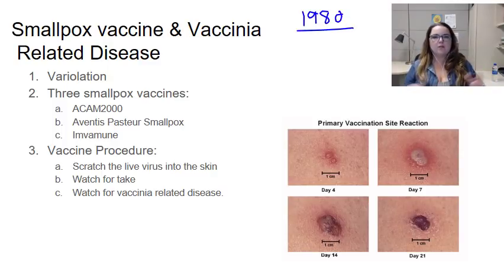So how did we control it? Well, the early approach to controlling it was the concept of variolation. Variolation was basically an early immunization.